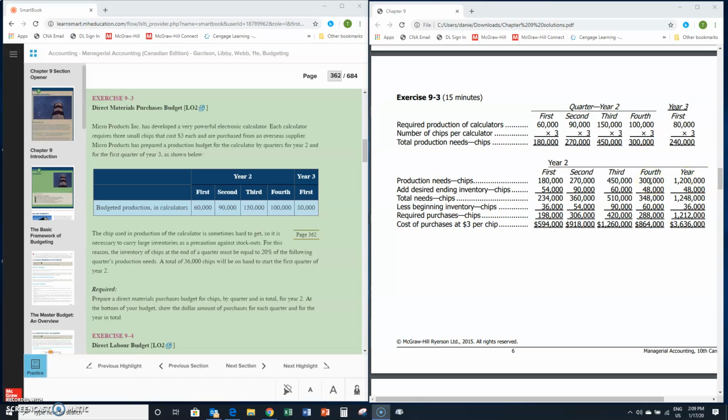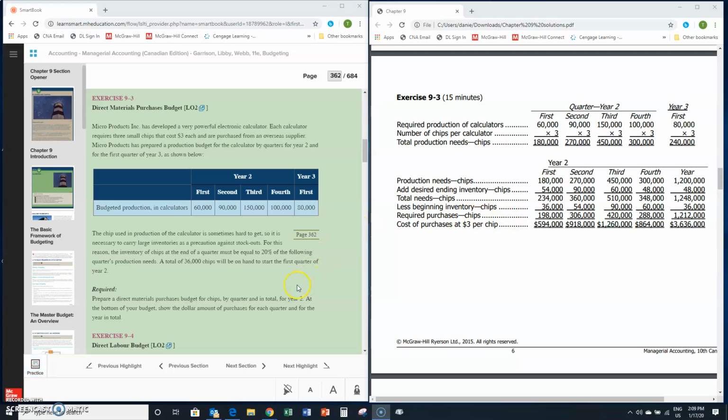Then your desired ending inventory is the ending inventory in the last quarter, and you add that to get your total chips, the total needs. From there, you subtract your beginning inventory, but beginning inventory is not added across. It's what you started out with at the beginning of the year. So you subtract your beginning inventory to get the required number of chips.